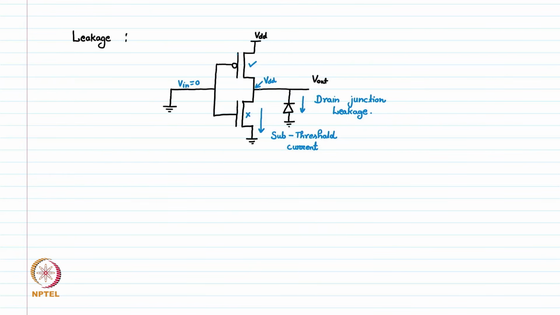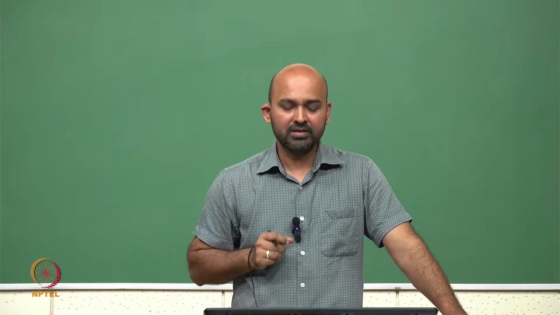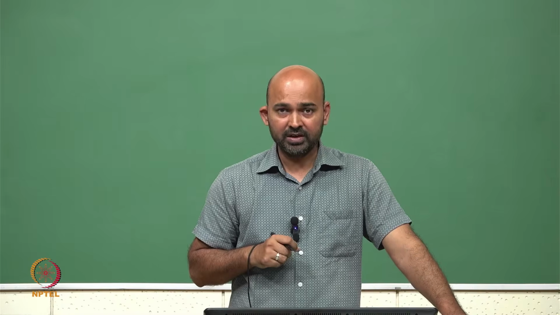Now this voltage will try to discharge through a low impedance path to ground, and this path can be through NMOS or through some junctions which are connected to this node. Through this NMOS, though this NMOS is off, there is a sub-threshold leakage current available in this NMOS because of the finite threshold voltage of this MOSFET.